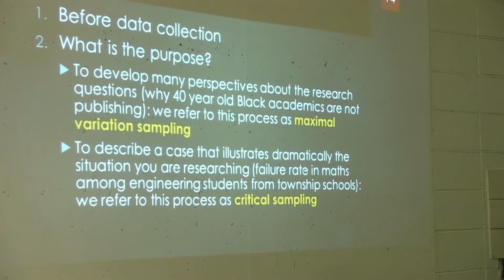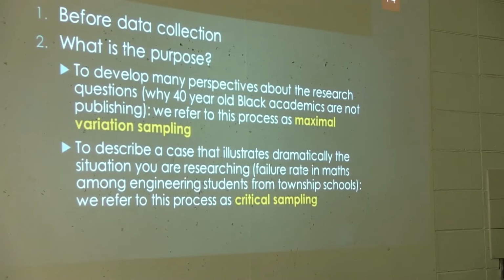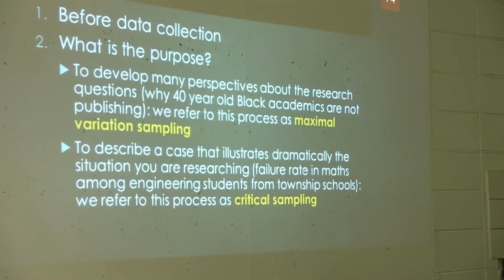To describe a case that illustrates dramatically the situation that I want to research, such as the failure rate in mathematics among engineering students from township schools. We refer to this process as critical sampling.